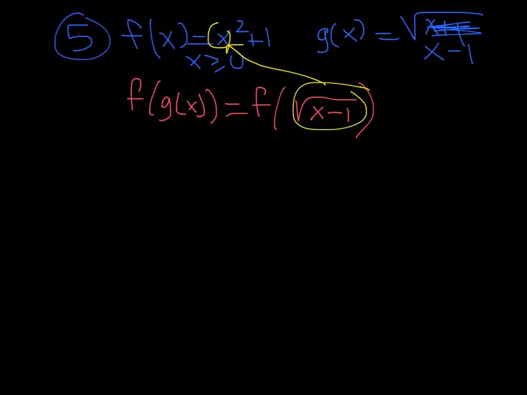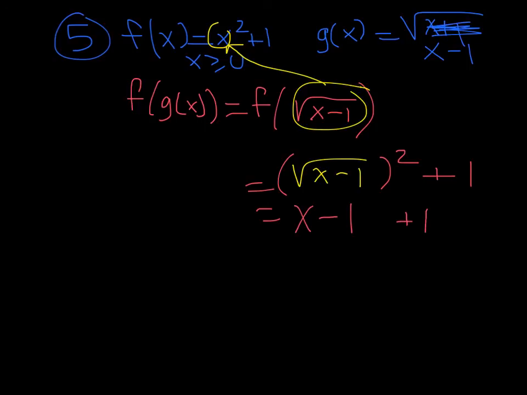That is going to give me the square root of x minus 1, and I'm going to do that squared plus 1. This one looks super hard because you have a square root, you have it squared, but actually all you need to do is remember that when you have a square root and you're squaring it, you just end up with whatever's under the square root. That gives us x minus 1 here. Then we do plus 1. And then x minus 1 plus 1 is actually just going to give us x.